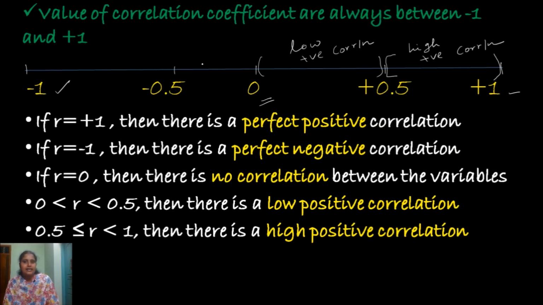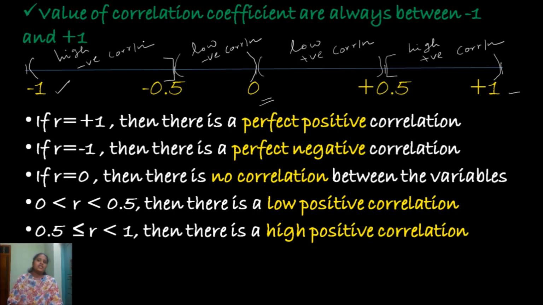Likewise for the other side too. If it is from 0 to -0.5, that is low negative correlation. If it is from -0.5, including -0.5, up to -1 but except -1, that means there exists a high negative correlation.